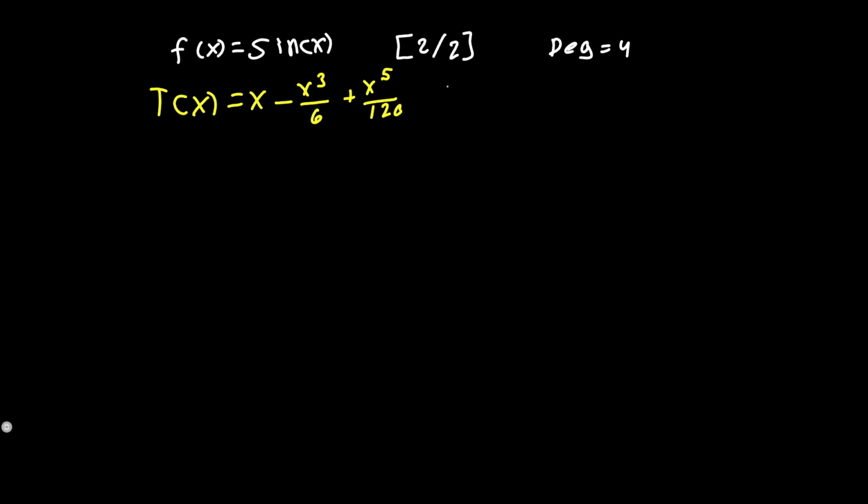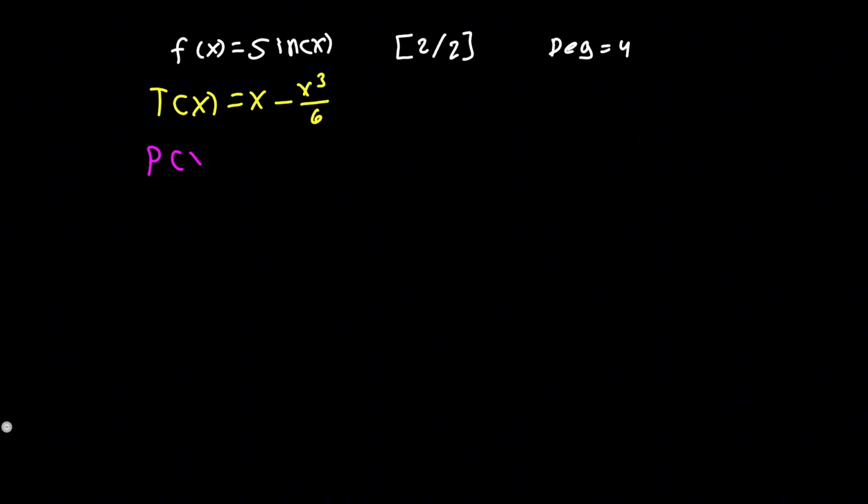And since our highest degree is going to be degree 4, we just ignore the x to the 5. So we have a somewhat okay approximation for the first two terms of our Taylor series, or our Taylor polynomial.